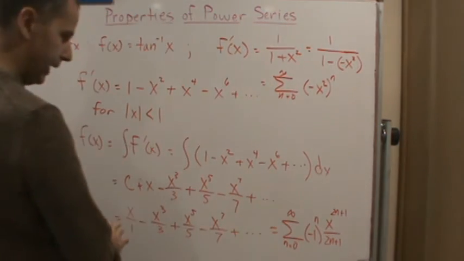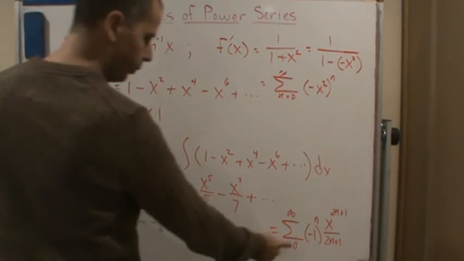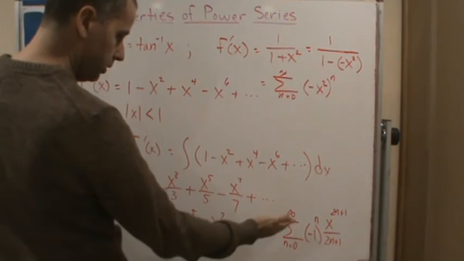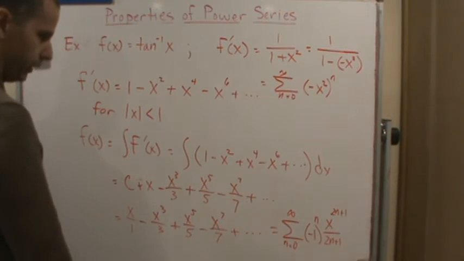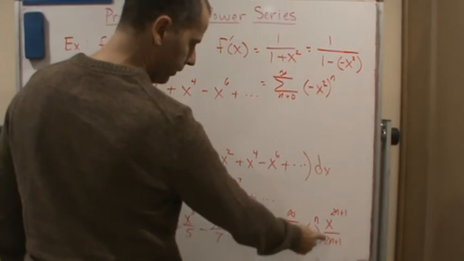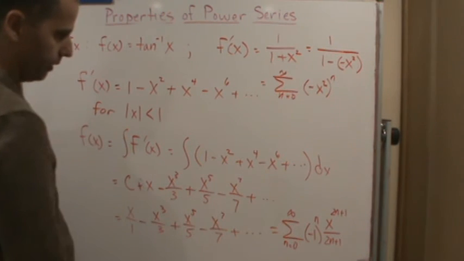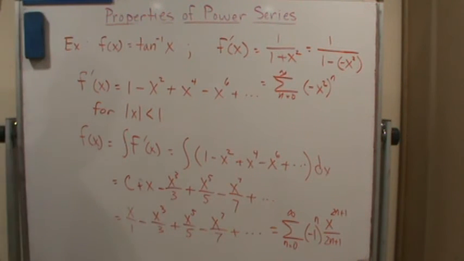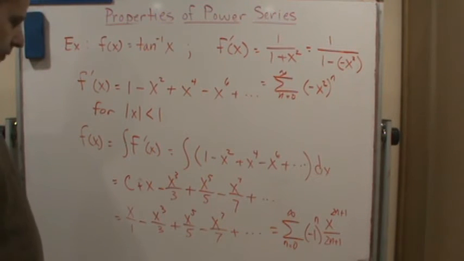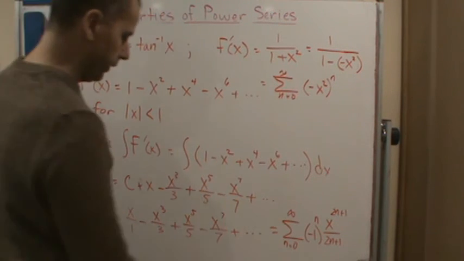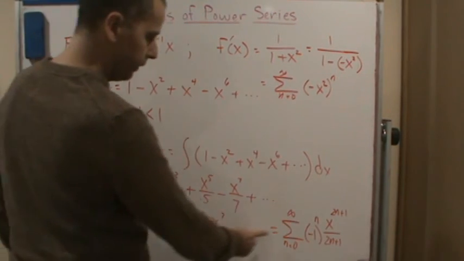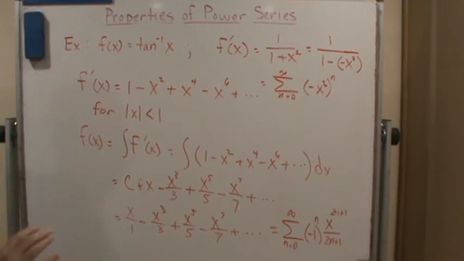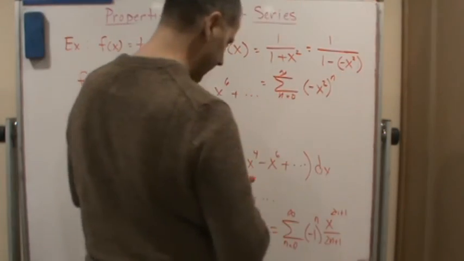So if n is 0, we get positive, and this is going to be x over 1. That gives the first one. If n is 1, we get a negative, and we get x to the 3rd over 3. And then if n is 2, we get positive, and we get x to the 5th over 5 right there. So it looks like it works.